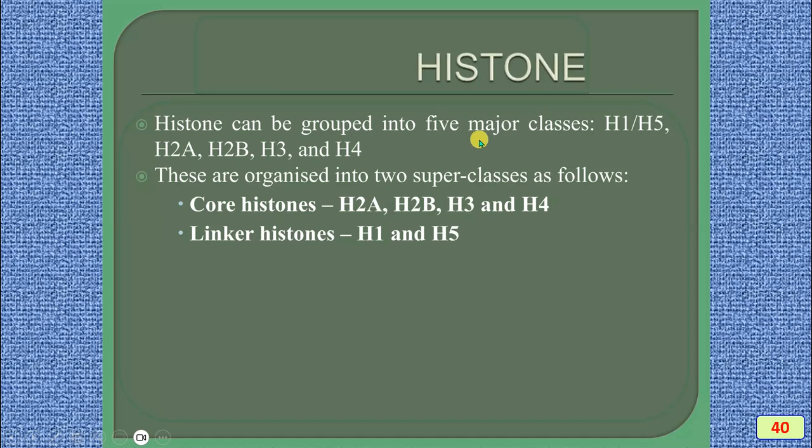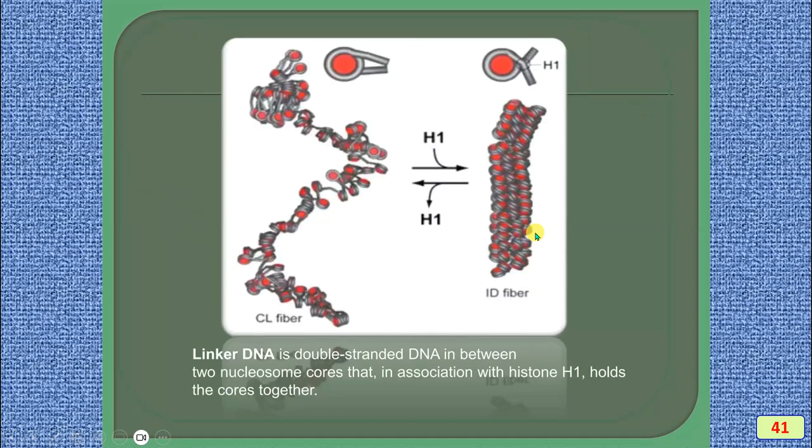Histones can be grouped into five groups: H1, H5, H2A, H2B, H3, and H4. They are classified into two super classes as follows: the core histones H2A, H2B, H3, and H4, and the linker histones, also called H1 and H5.